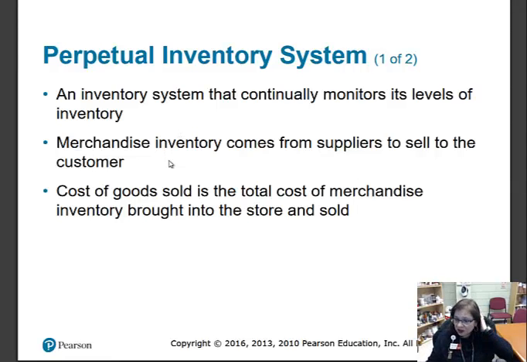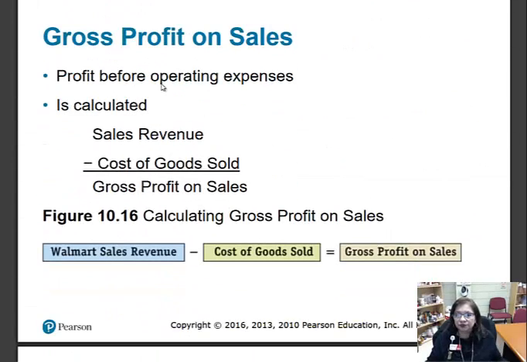So again, we have the cost of the goods or the merchandise that we're selling. That is the total cost of the merchandise, of the inventory that's brought into the store and sold, okay? So we're now dealing with what is our gross profit, before operating expenses. So that would be your sales revenue. Now remember, we know how much we have made, our gross income, and then we know our net income after all our expenses are paid.